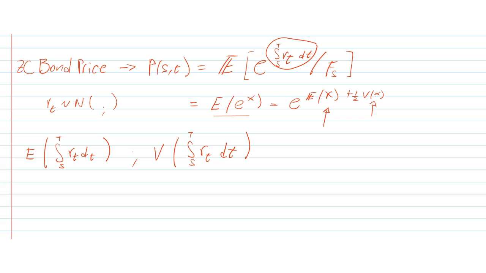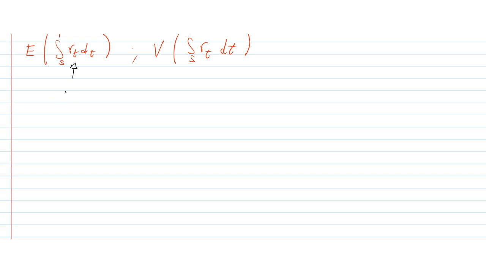This is what takes some time, because we'll have to deal with integration of Brownian motions, the stochastic integrals. So usually these models are solved with some tricks. Let's start with the expectation of the integral of r_T. You can use many definitions of expectation. Just get the one that you feel more comfortable with.